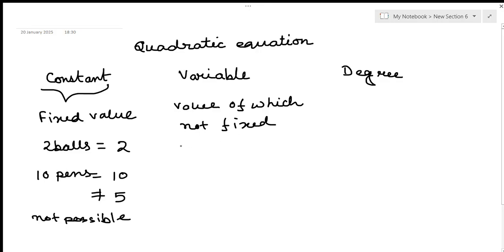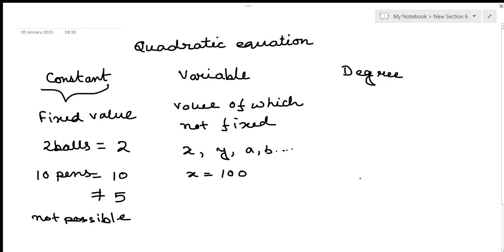So when we don't know the number of the object, we say that it is equal to x, or y, or a or b, or any alphabet we take.